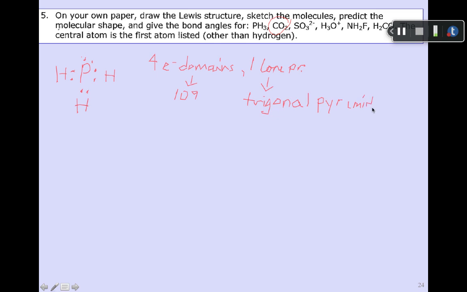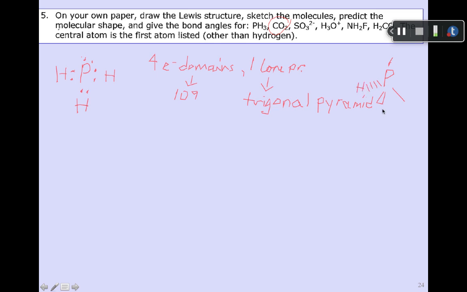And in order to do that, we'll use the wedge and the dashed line again to represent the different perspectives. And so I'll put the phosphorus here with 1 bond, or 1 electron domain, to the top, 1 to the right, 1 with a wedged bond, and 1 with the dashed bond.